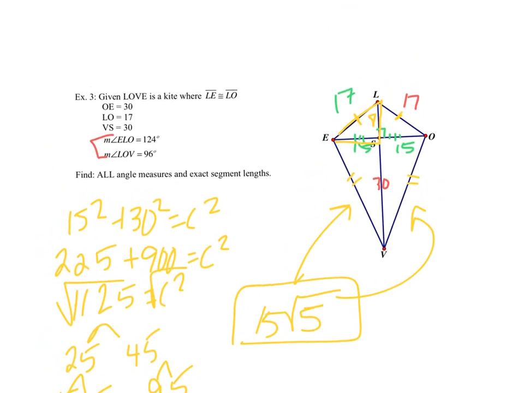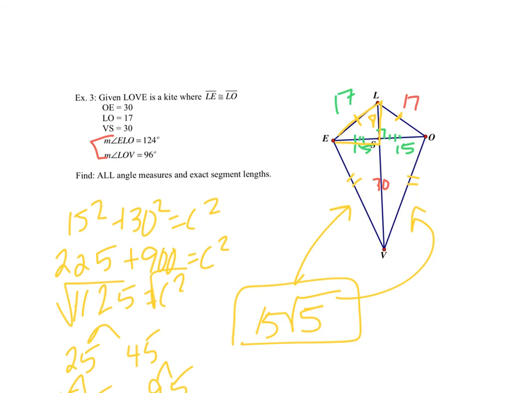Okay, I know I didn't mark in the picture the angles because it just gets messy in here, but basically you're just following the same properties that we talked about. So angle ELO is 124, and angle LOV is 96. If angle LOV is 96, same as angle LEV, so that's all 96.